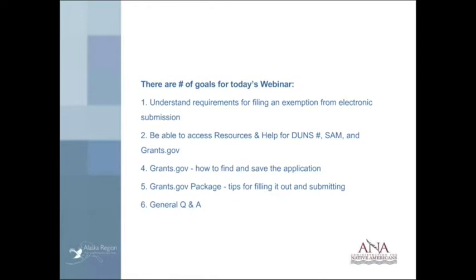We're going to talk a little bit about the SAM and Grants.gov registration process, and then we'll spend quite a bit of time in the Grants.gov package going over some of the ins and outs of filling it out and assembling your documents. Lastly, we'll have some general Q&A. My moderator, Jesse, is going to be tracking any questions posed in the chat box, and we'll address those at the tail end to the best of our ability.